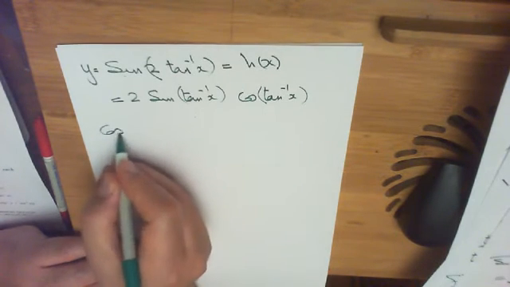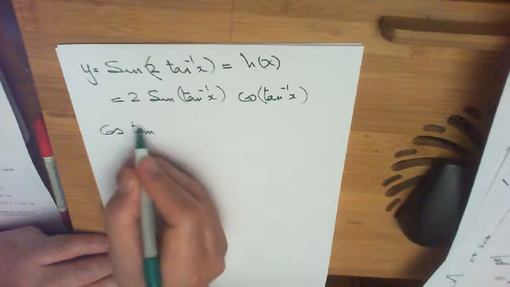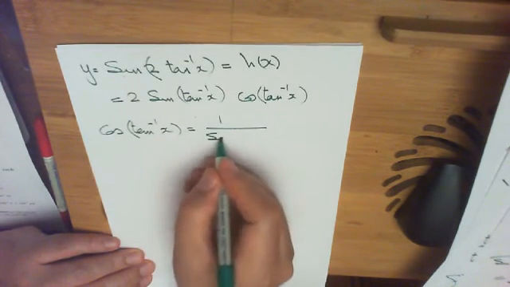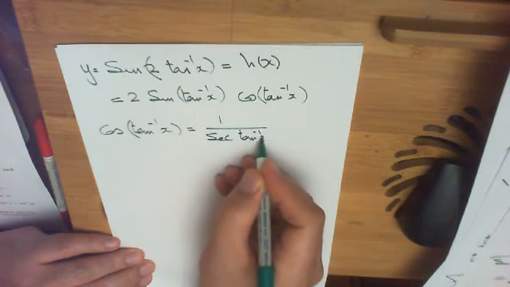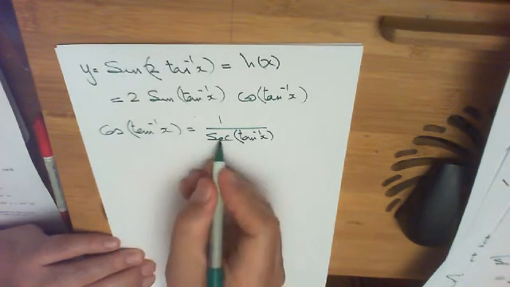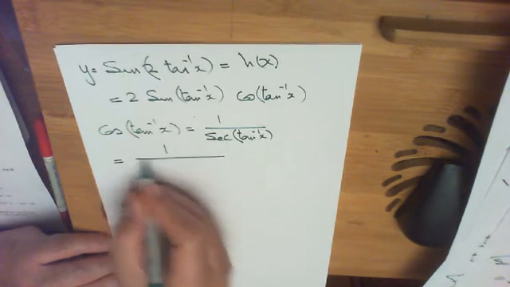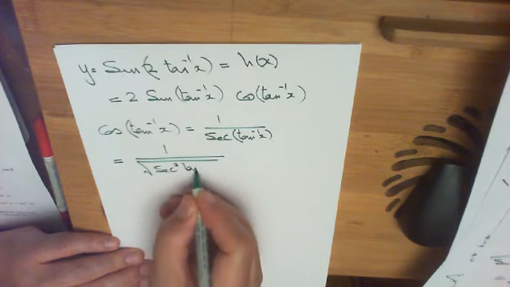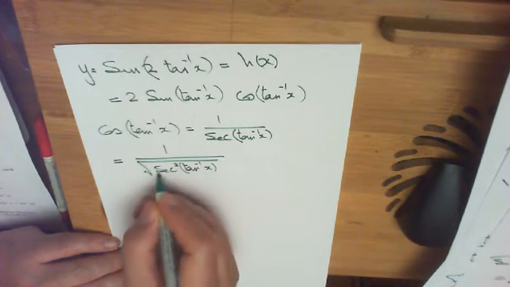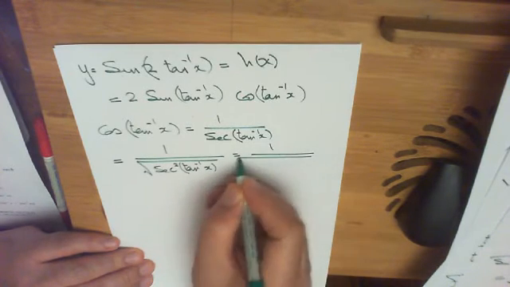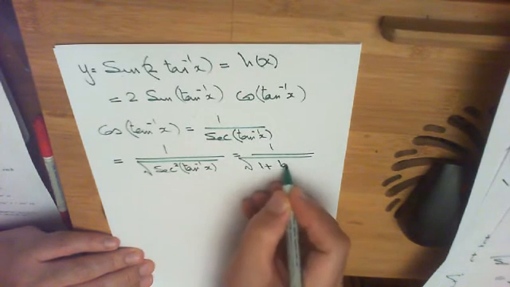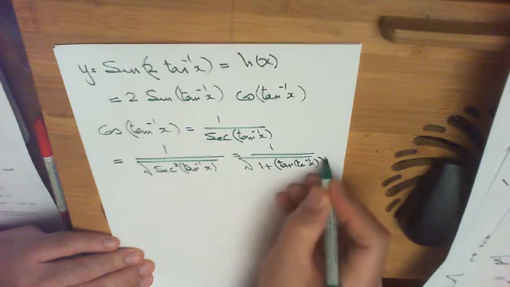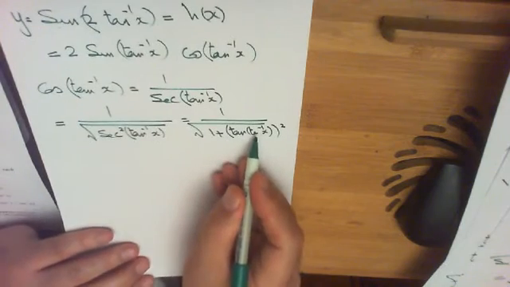As you see, cosine of some angle, as we know, is 1 over sec of that angle. Sec is the square root of sec squared. Here, sec squared tan inverse x. But sec squared is 1 plus tan squared. So tan cancels tan inverse.